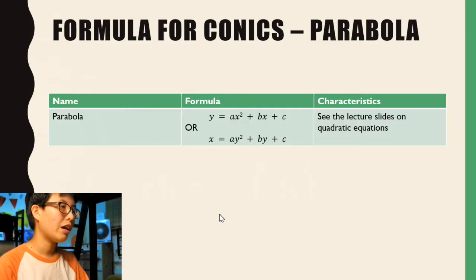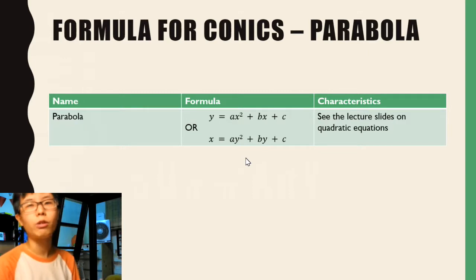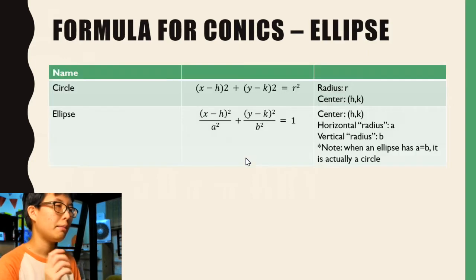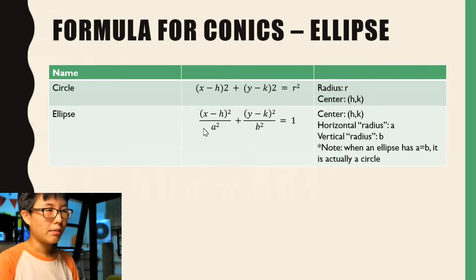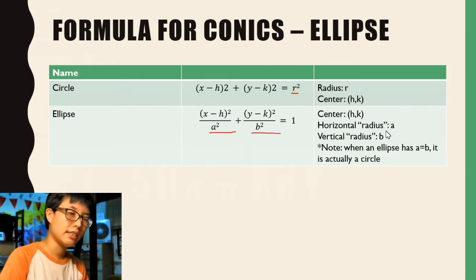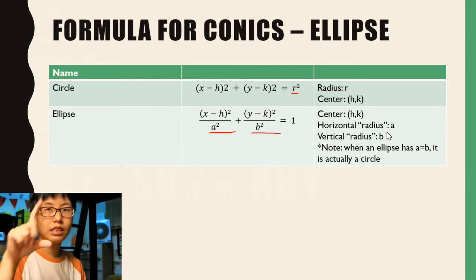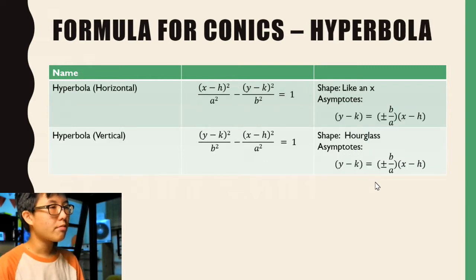So the summary is that the formula for parabolas is something that you have actually seen before in quadratic equations, which is why I totally skipped it. Circles and ellipses are pretty similar, except that these two are different, and if they're the same, you can just multiply it up and you will get your R. For a circle, you have a radius R, center H and K. Horizontal radius is A, vertical distance is B. And a horizontal hyperbola looks like an X, sort of, right?